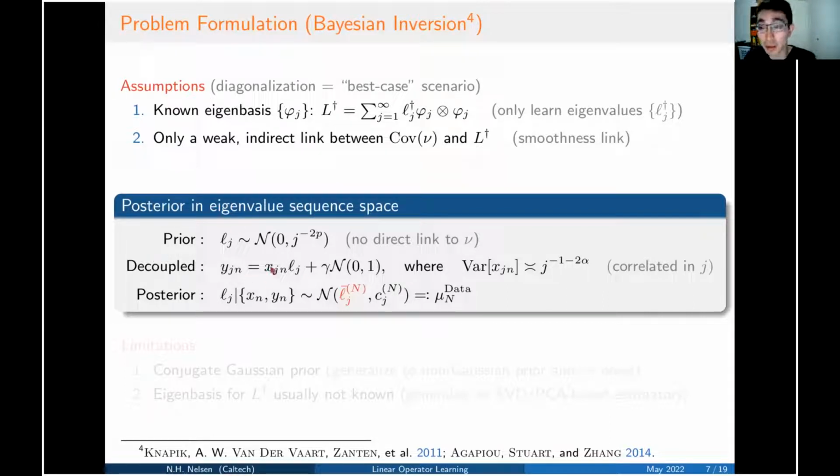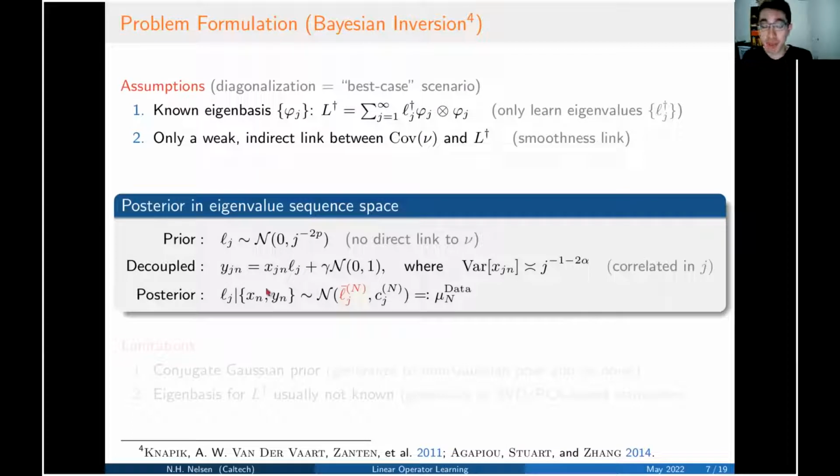Again, quite distinct from traditional Bayesian inverse problems, these forward map variables, the xjn, are random variables with an assumed variance decay. And these variables are correlated with each other: x1n is correlated with x2n, so they're not independent. This introduces some additional difficulty in this sequence setting.